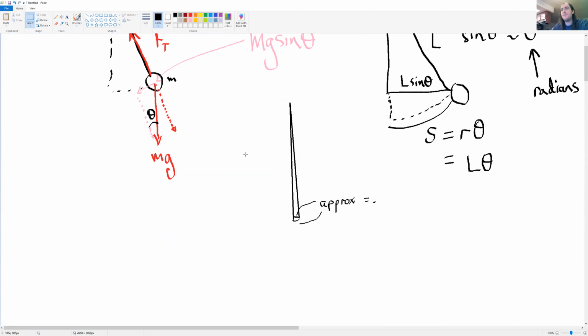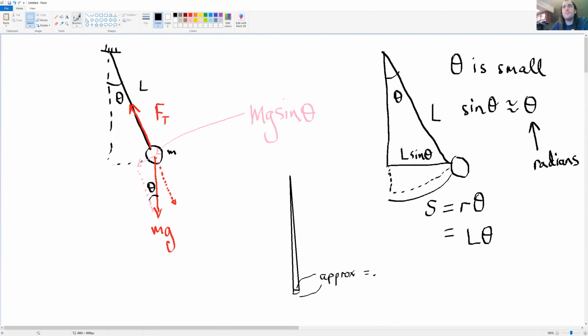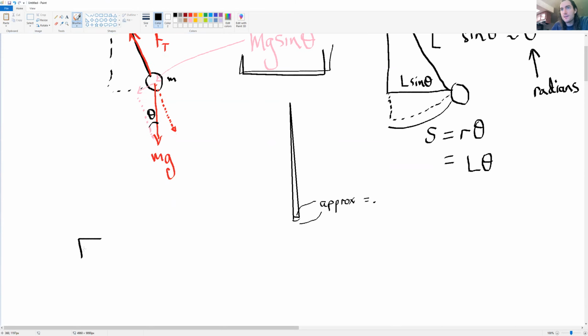Okay, so what does that mean for the analysis here? Well, what it means is that the force on this thing is mg sine theta. That means I can approximate the force as mg theta, right?